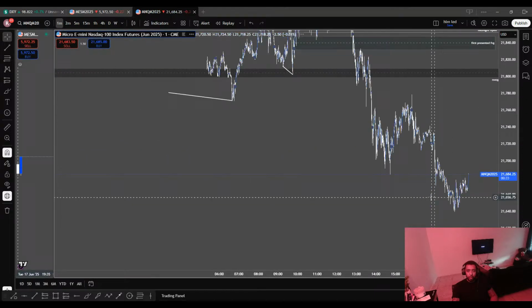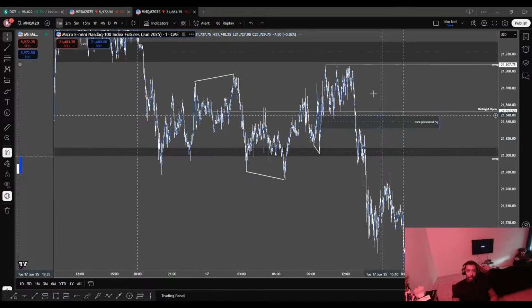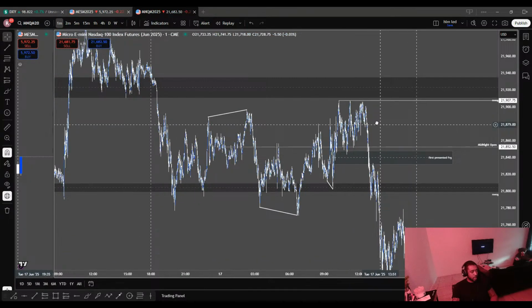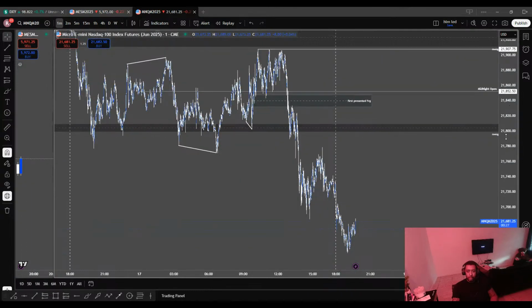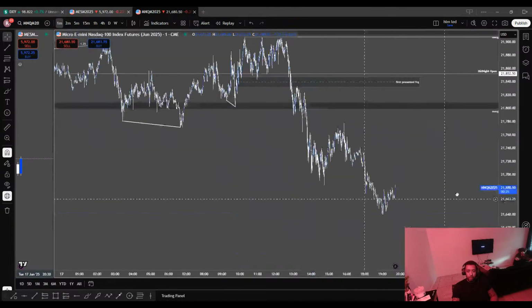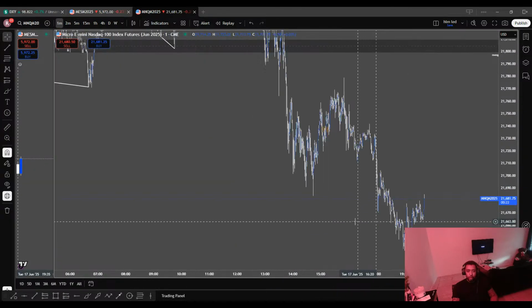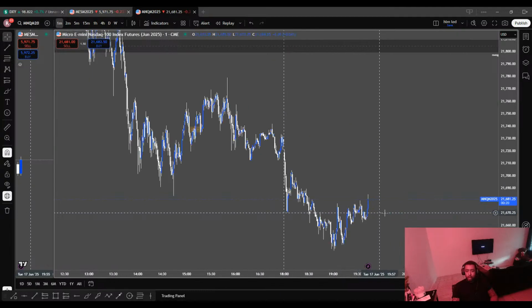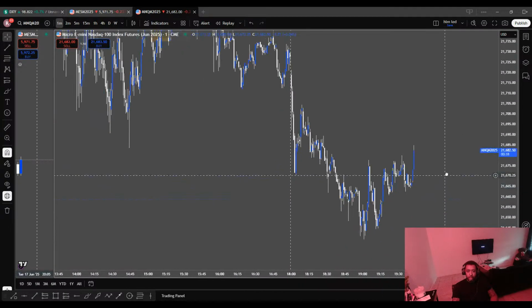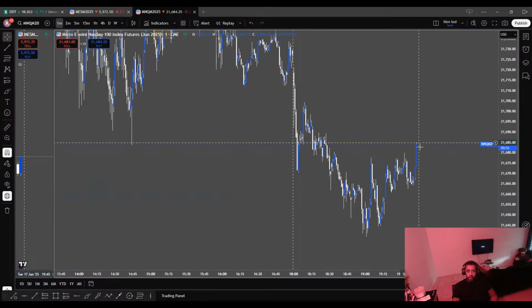We got a lot of buy side that we could actually target. So we already got a sweep. So now we're looking for a displacement away, just like what we're seeing.